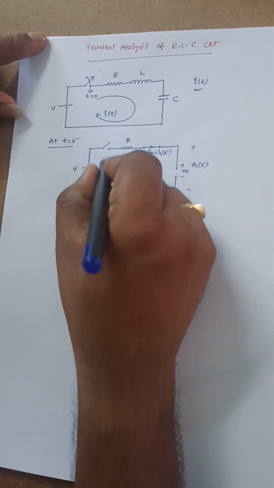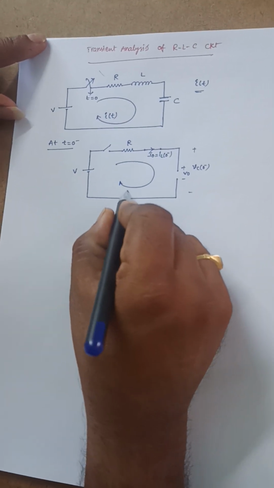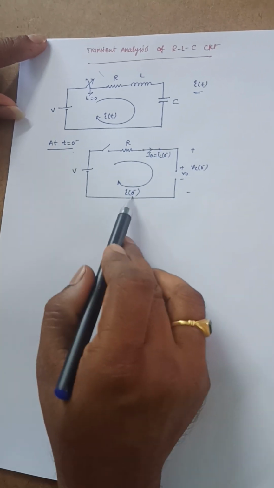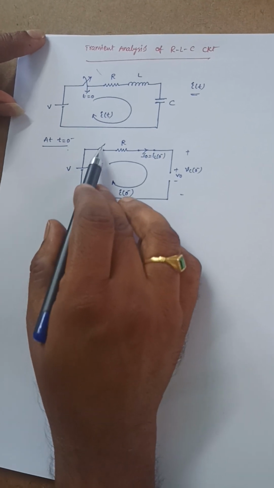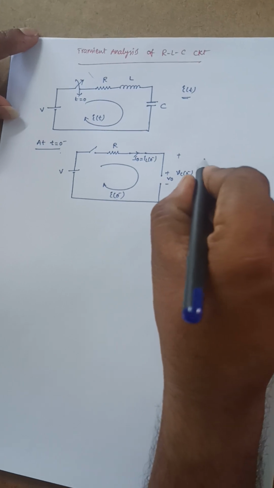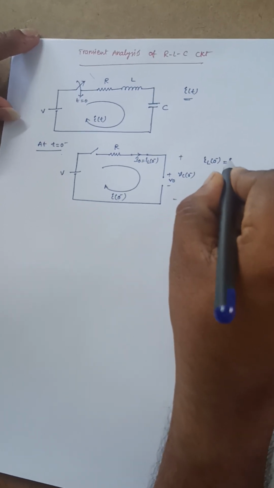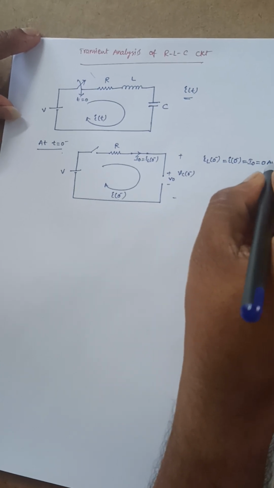Since it is open circuited here, no current is flowing through this. So IL of 0 minus or I of 0 minus, that is equal to I naught is equal to 0 amperes.